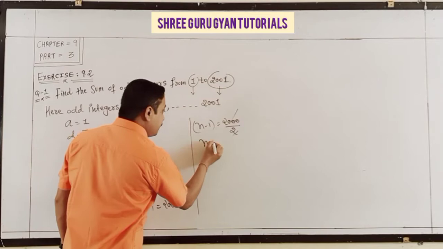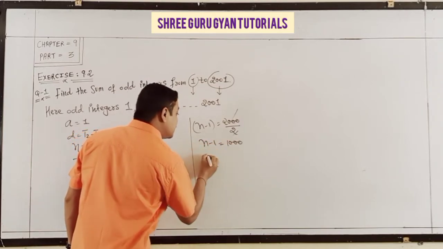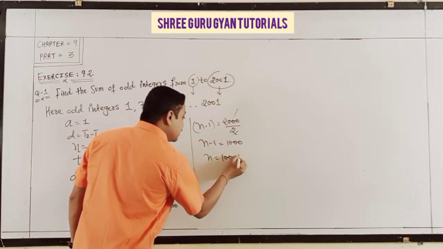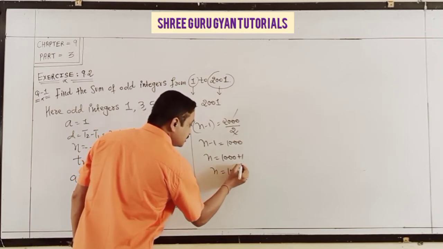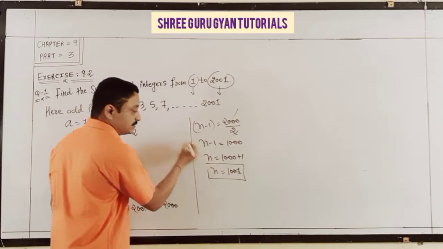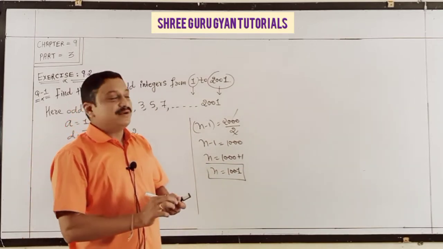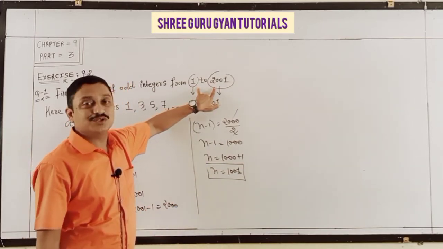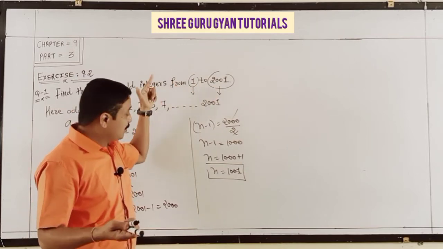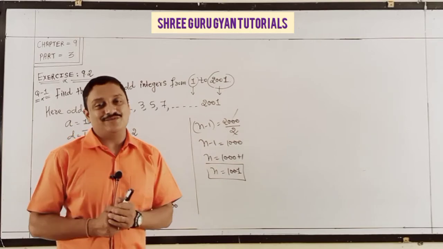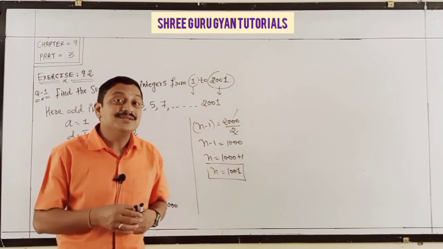So what's n? It is 1000 plus 1, which means 1001. So from 1 to 2001, how many odd numbers? 1001. Now I want the summation.